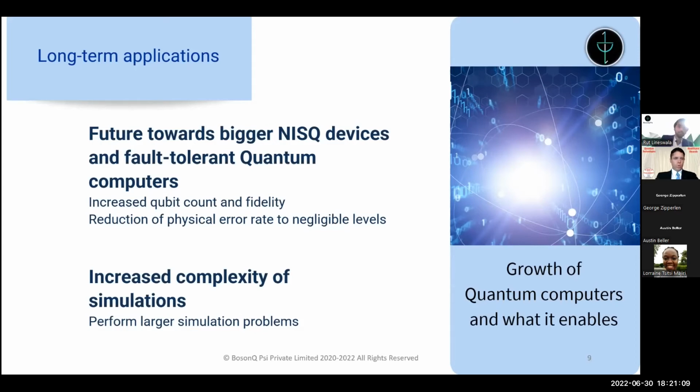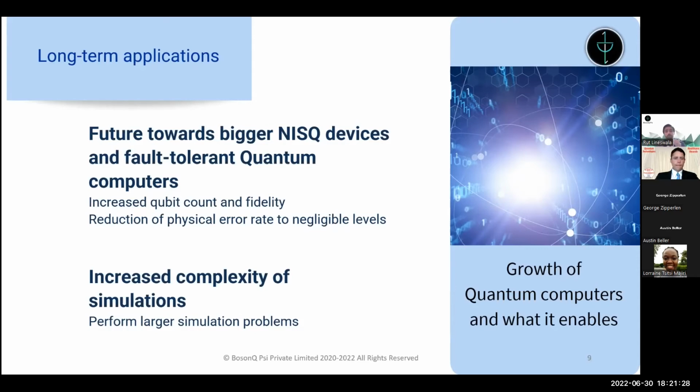And so the future is towards bigger NISQ devices and fault-tolerant quantum devices, which implies that we will have a much higher qubit count, and the fidelity of each individual qubit will increase as well. On top of that, there will be a decrease in the error rate.